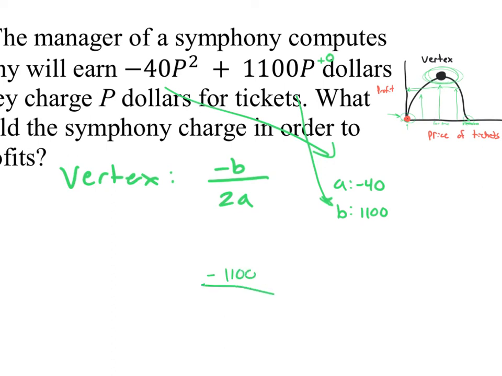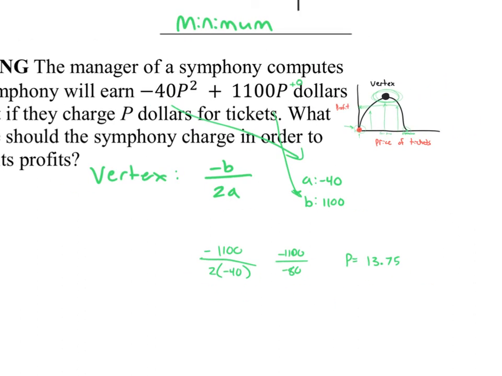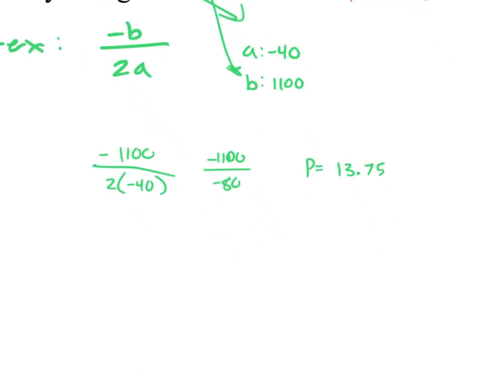Negative b divided by 2a, and when we calculate this, for this particular symphony, they would want to charge $13.75. So what that means, if we were to make a quick graph of this, it would start at 0.